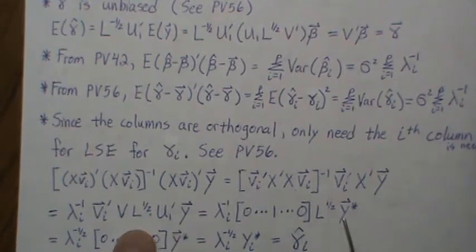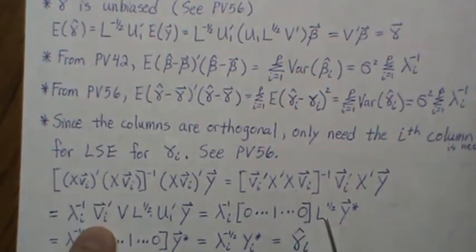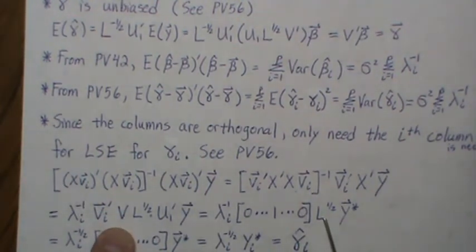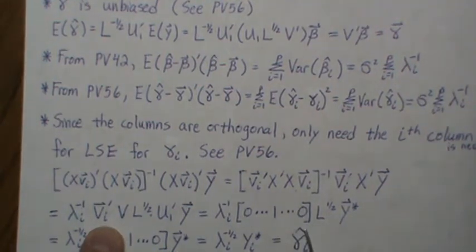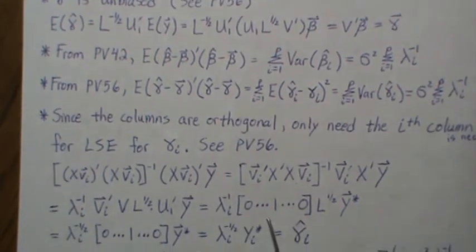And then we have L to the 1/2, and here we have VI. And when VI is multiplied by each column, since they're orthonormal, it's all 0 until we get to the ith column. And that's what this represents. And then we have lambda I inverse.